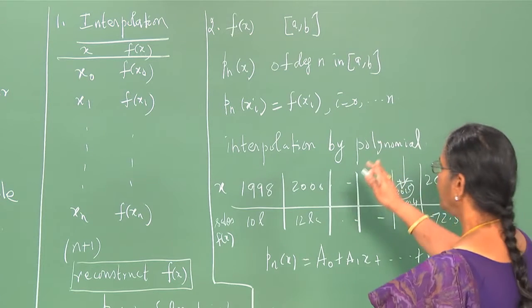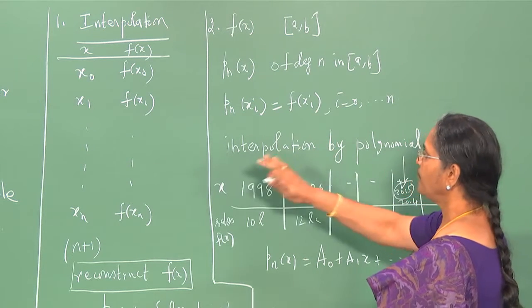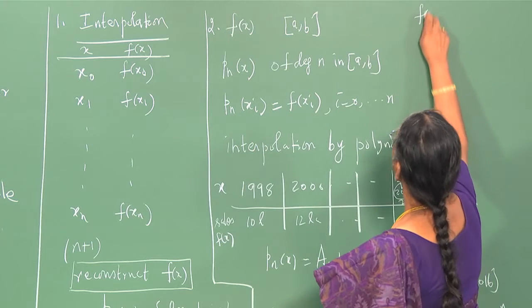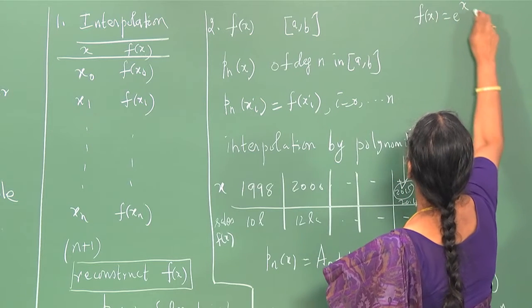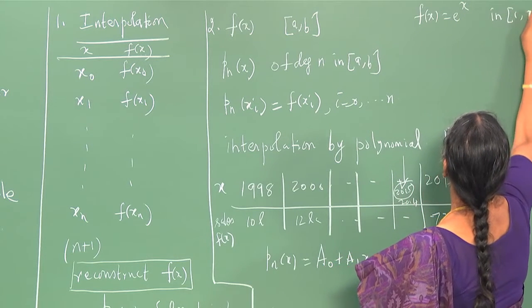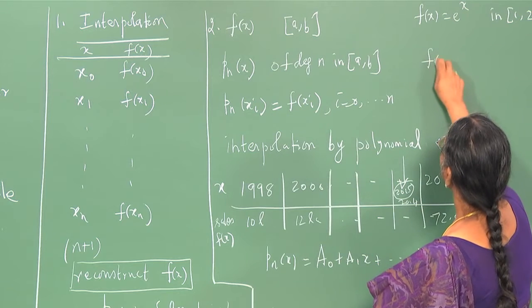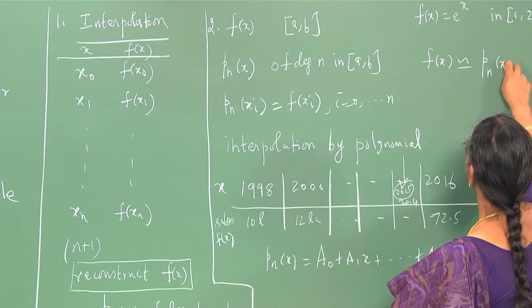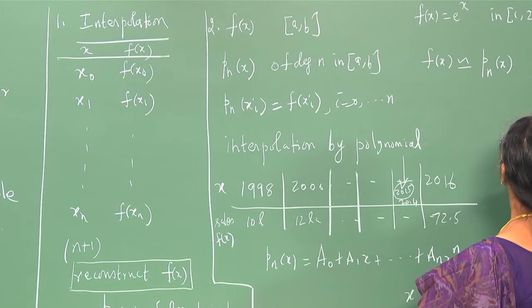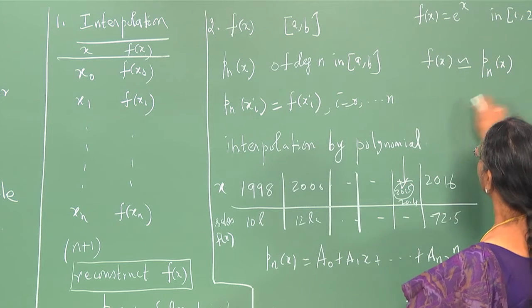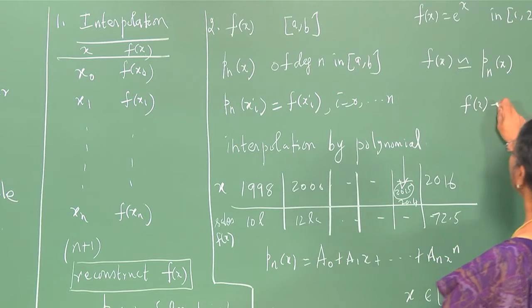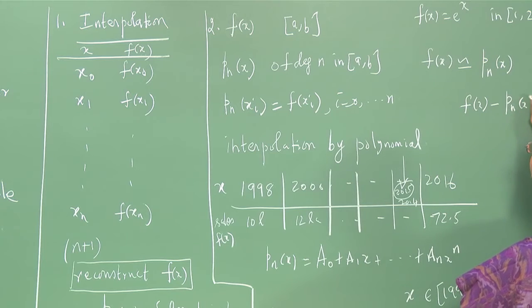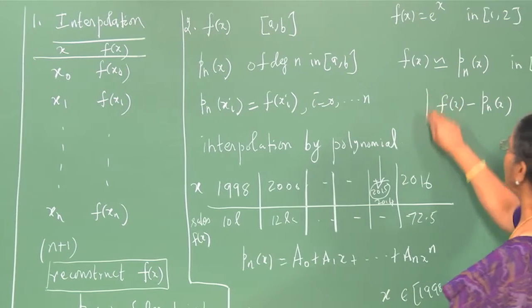While doing this, we do incur some error. For example, if f of x is equal to, say, e to the power of x in some interval 1 to 2 and we are approximating this function by a polynomial, say Pn of x, in the interval 1 to 2, as a result, we would incur an error given by the difference between f of x and Pn of x.